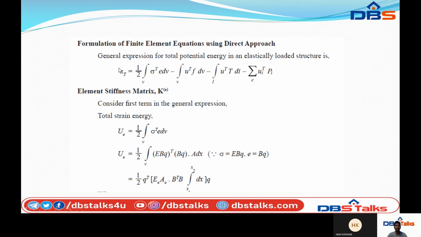Therefore, phi suffix T is nothing but total potential energy, which equals half integral over volume V of stress vector sigma transpose, strain vector epsilon dV, minus integral V of U transpose F dV, minus integral over L of U transpose T dl, minus sigma Ui transpose Pi.